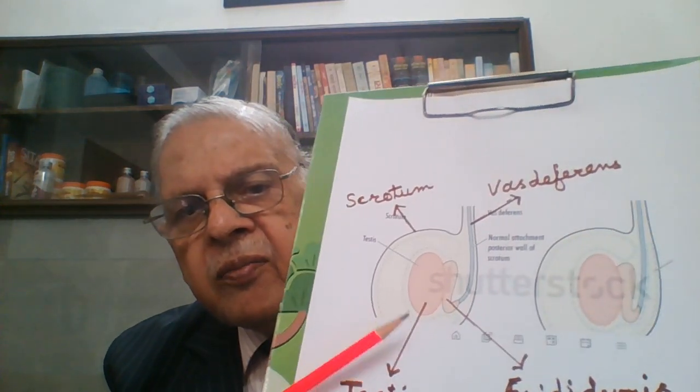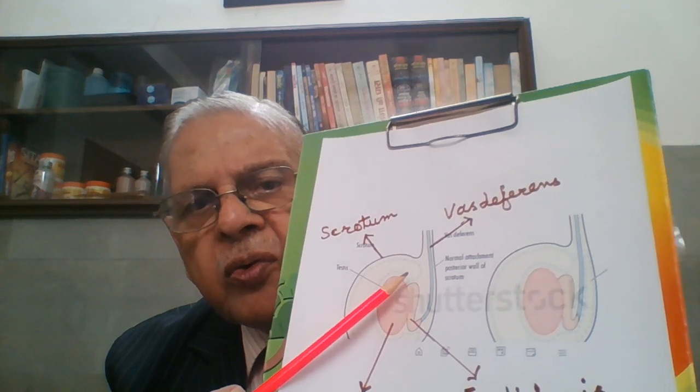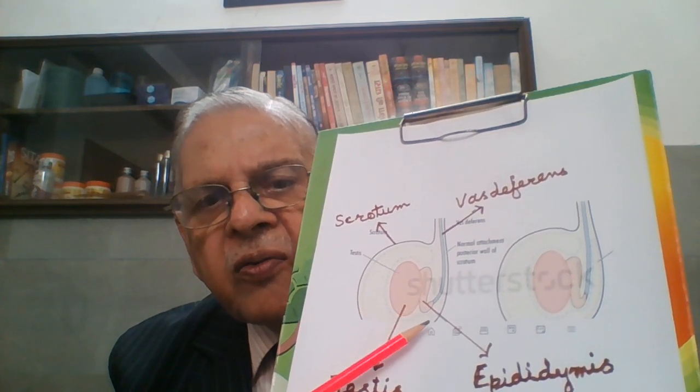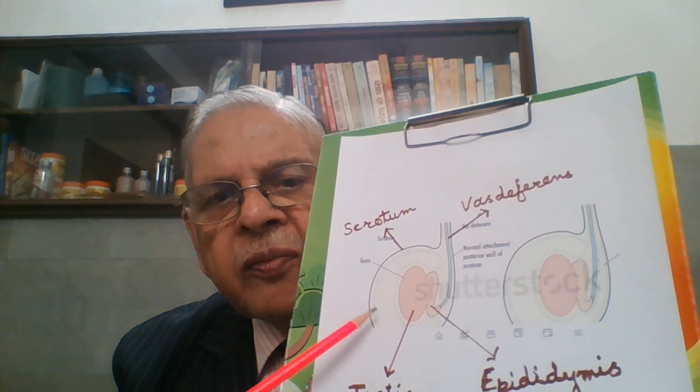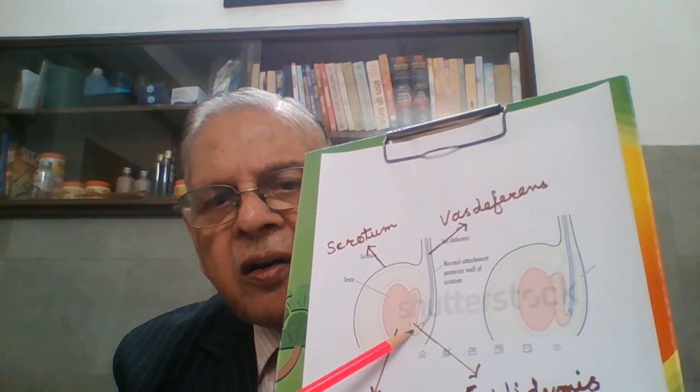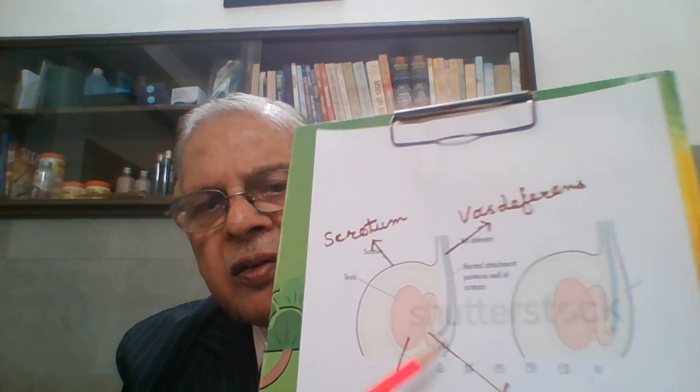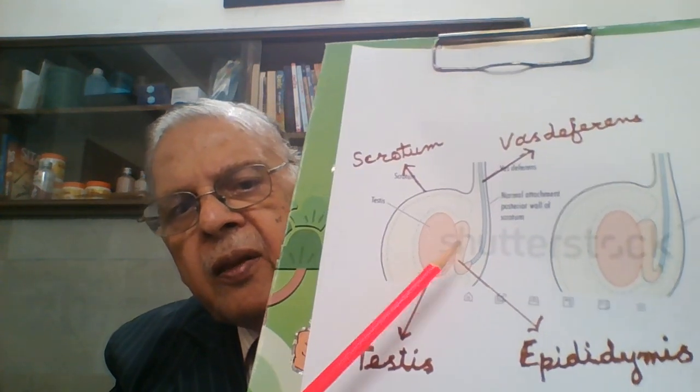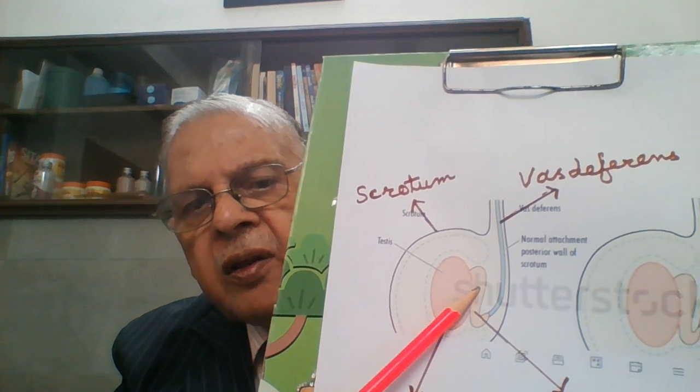This is the diagram to show you the testes and vas deferens. See, this is the scrotum, and in the scrotum this is the testes, and in the testes this is the epididymis.